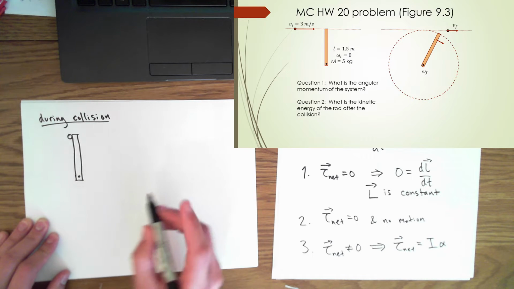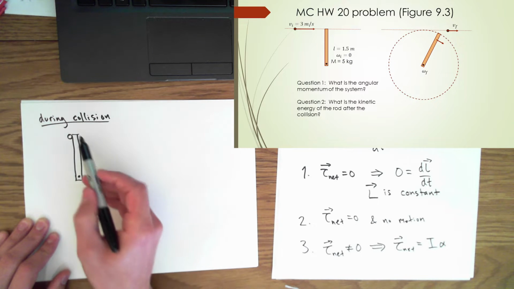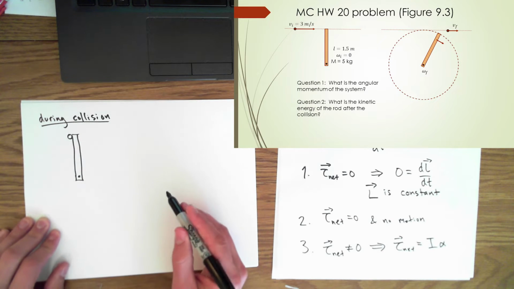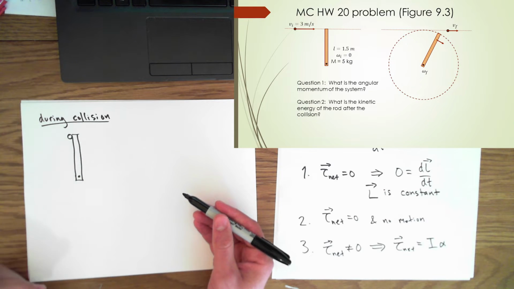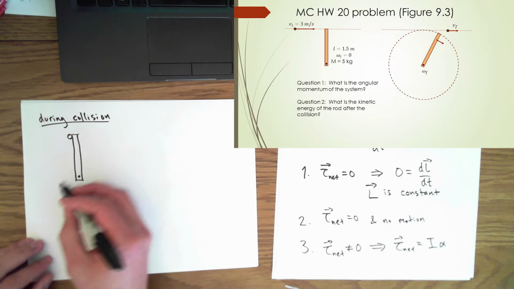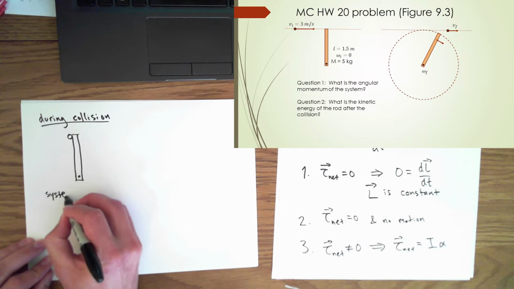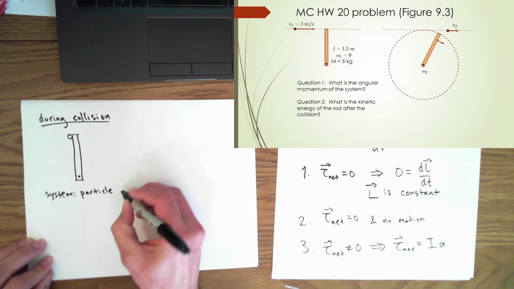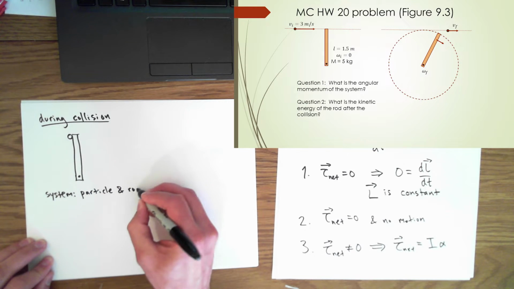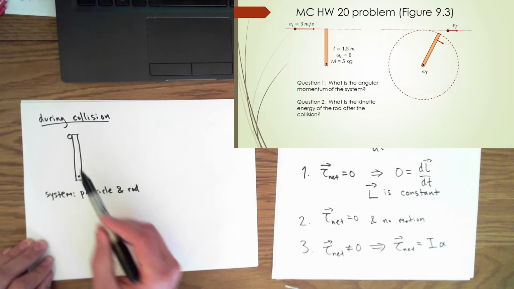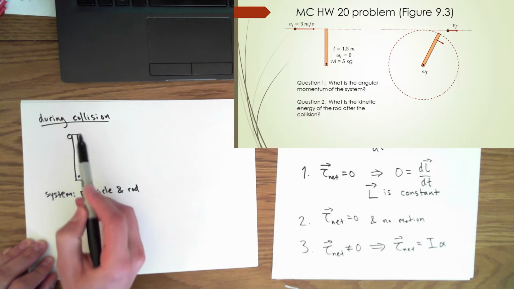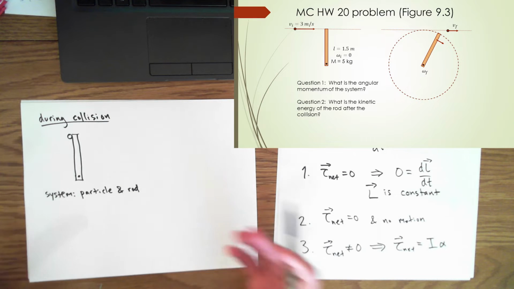So first of all, make sure you realize that the interaction between the particle and the rod are not external forces, right? The system that we're considering here consists of the particle and the rod. So the interaction between the particle and the rod, the forces that happen up here during the collision, are not external forces, those are within the system.